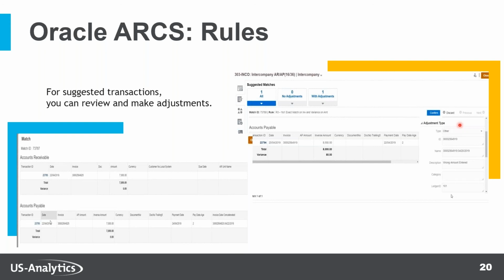I want to be able to book an adjustment and fix it within the reconciliation and be able to submit my reconciliation. So I can do that. I can come in here, mark my adjustment type as other, whatever it might be. Over here on my description, I just have wrong amount entered, and so on. You can put in whatever detail you need, book an adjustment for your variance, and then you can confirm that transaction and tie it out.